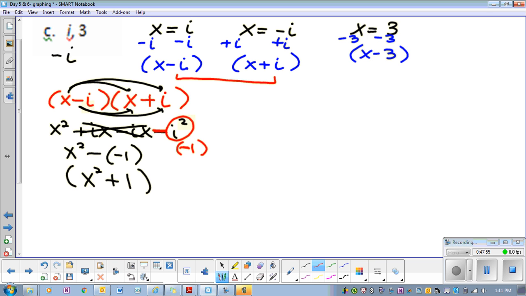Okay, so now we did this and we did that. Now we have to multiply this with x minus 3. So I'll do that up here. x squared plus 1 times x minus 3.